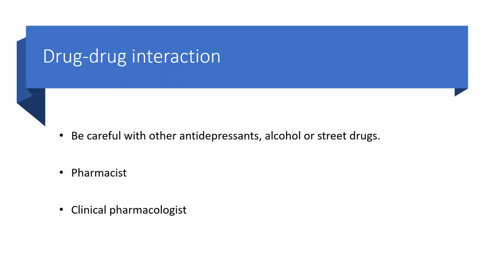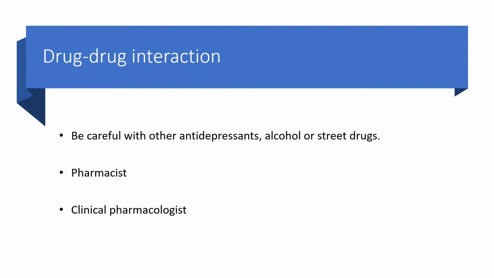Drug-drug interaction. We just have to be careful with other antidepressants, alcohol, or street drugs. But even with that suggestion, I'll still leave it to your discretion and with the cooperation of the pharmacist. And you may seek help from clinical pharmacologists as well. Don't leave out the psychiatrist.